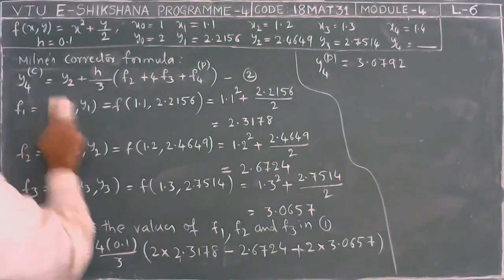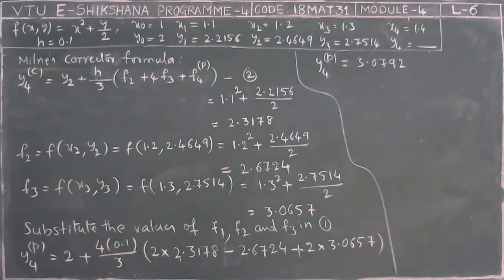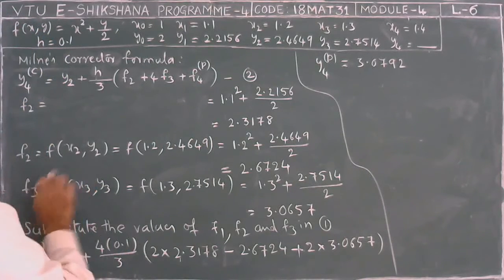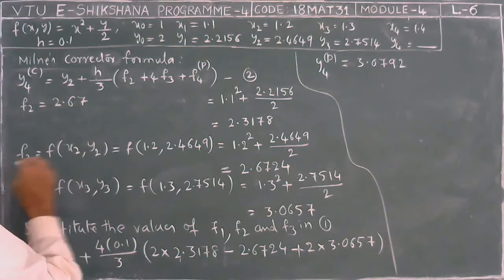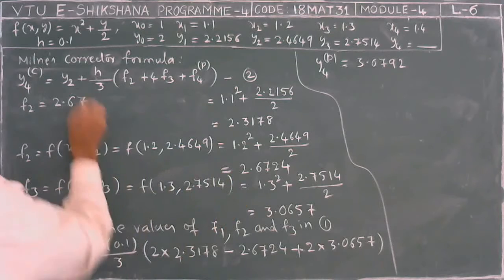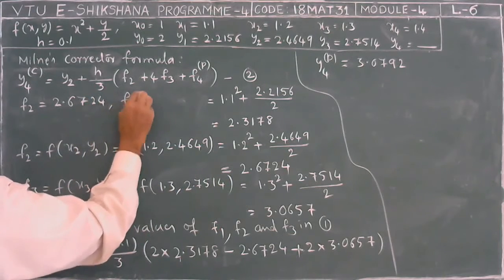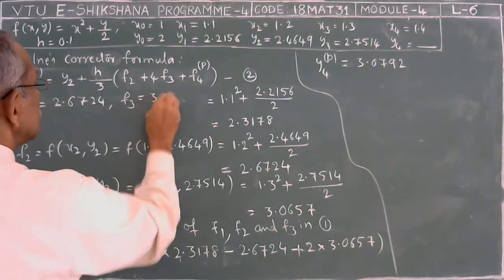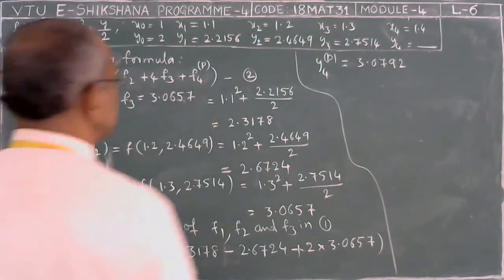So I know what f2 and f3 are. Only y4p I have to calculate. f2 is 2.6724, then f3 is 3.0657.